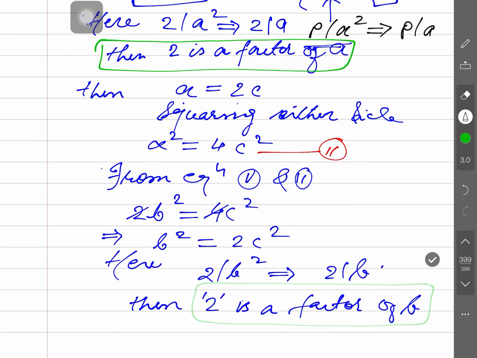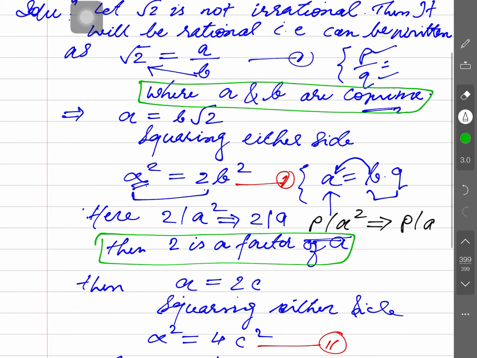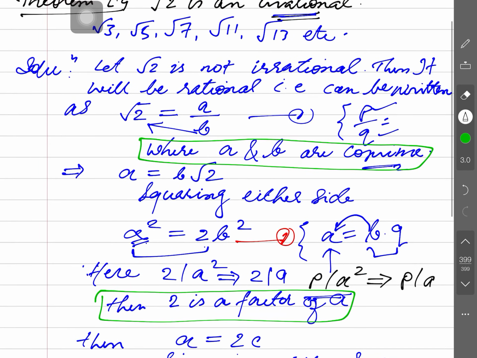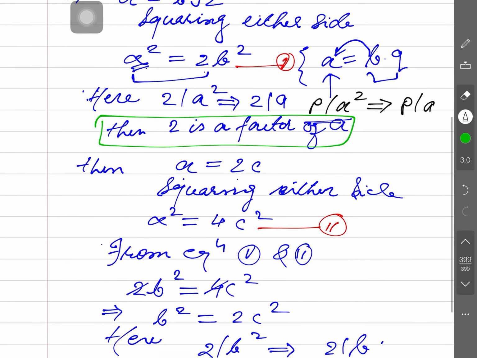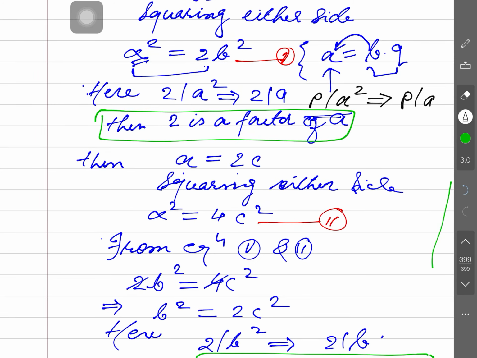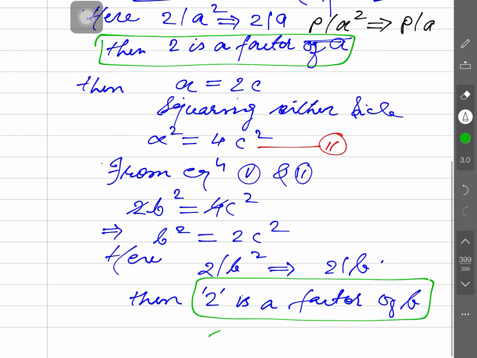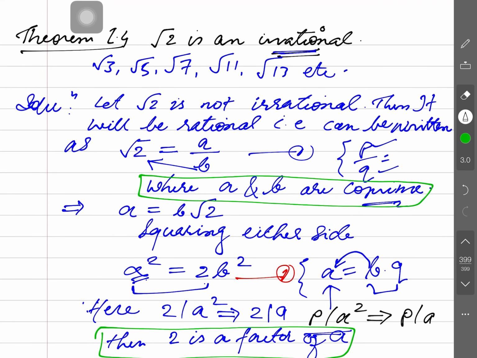The first assumption was a and b are co-prime, and your proof is that 2 is a factor of a and 2 is a factor of b. What does this mean? It means 2 is a factor of a and b both. However, you supposed earlier they are co-prime, having no common factors.